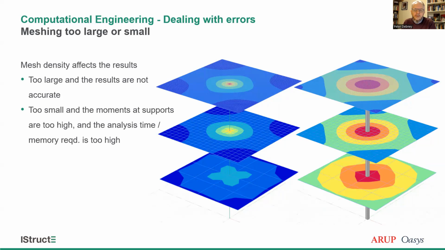So for example, at the column support on the mesh, when the mesh gets smaller than the column, you're getting moments from those elements which won't happen in reality.